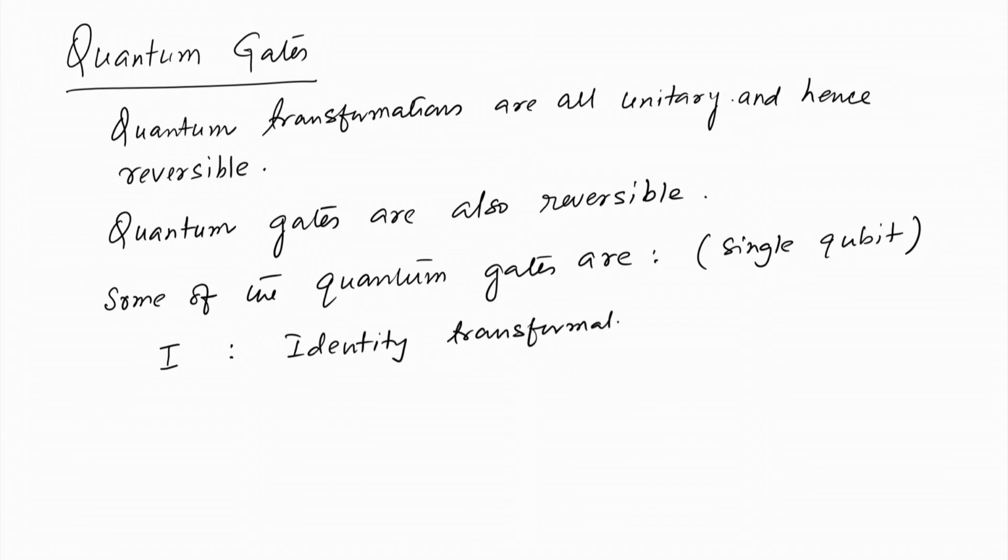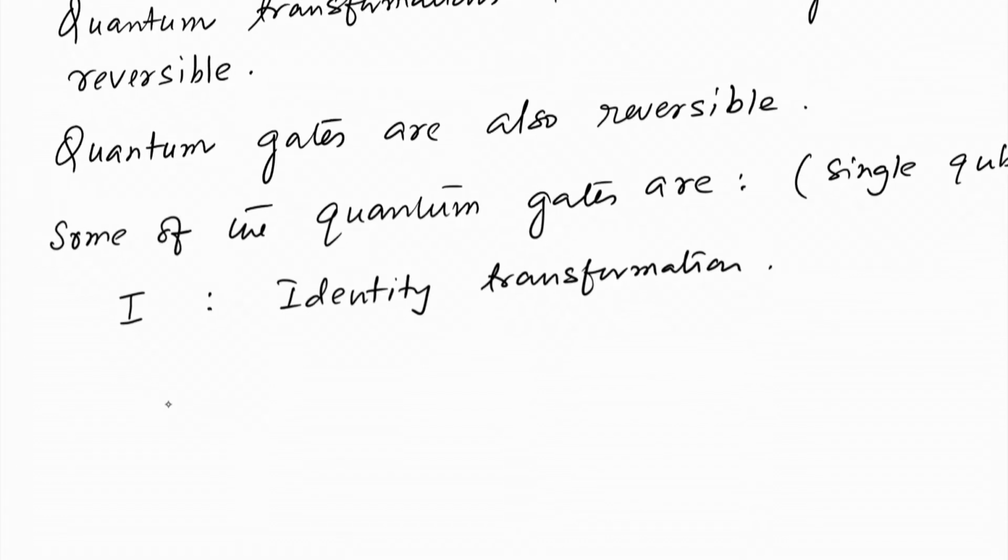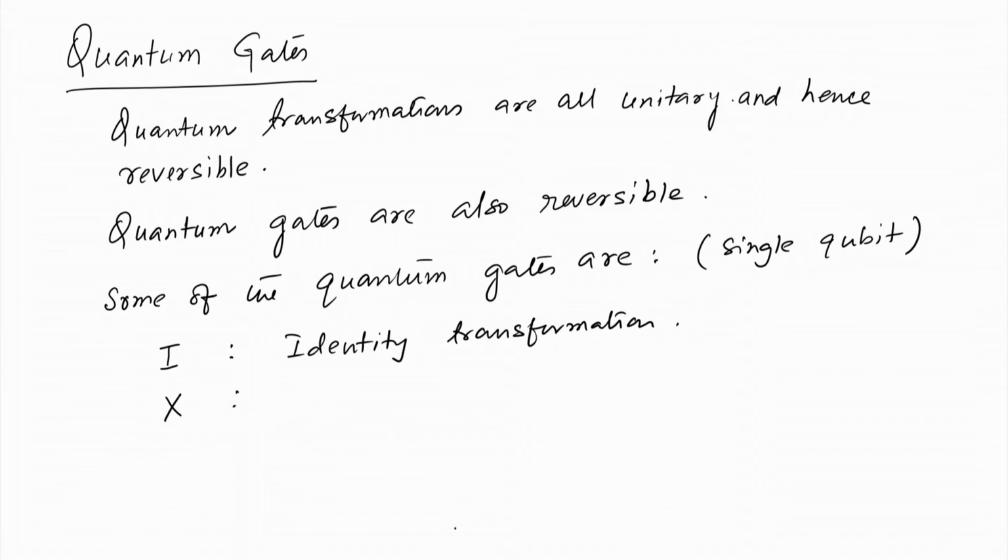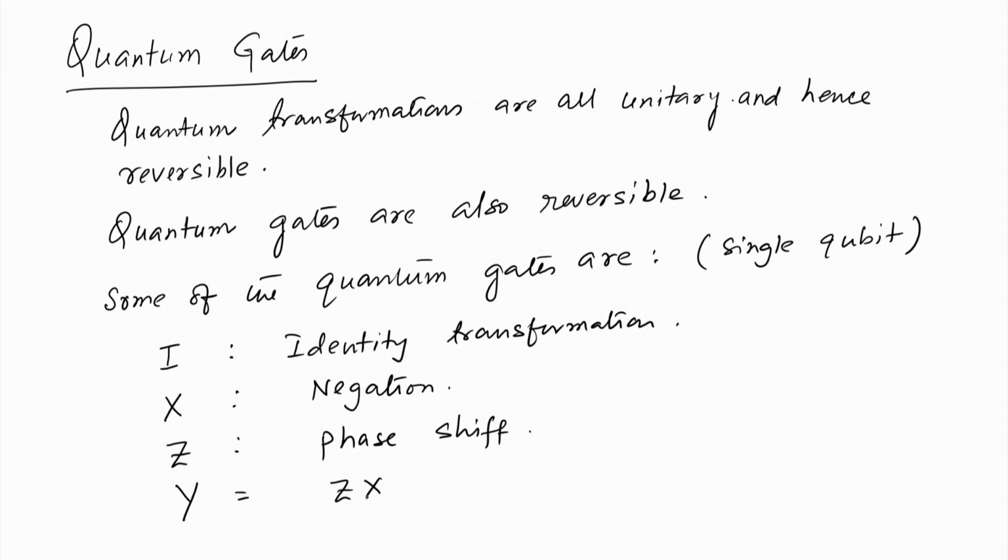We will tell you what it means, and then X is called as negation, and then it is Z, which is called as phase shift. We will just give the forms of that, and a Y gate, which is a combination of ZX, that is a combination of phase shift and negation.